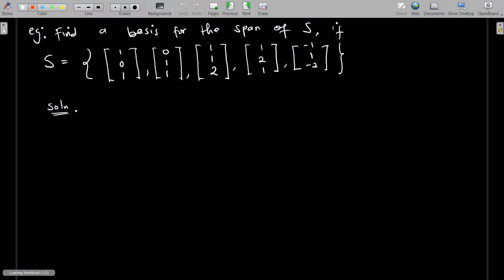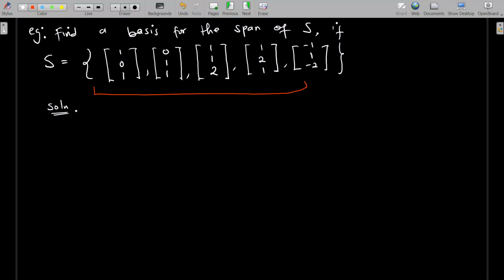Now let's look at more intuitive ideas here. Assuming I have some set S with some vectors, and I want to find a basis for the span of S. What I want to do is make sure that I get some set of vectors such that their linear combination will give me 0 only when the scalars are zeros, right?